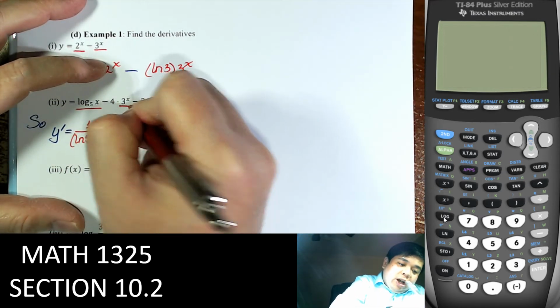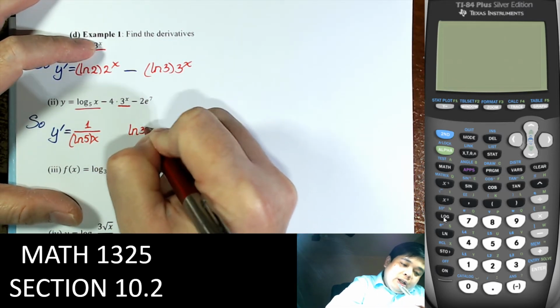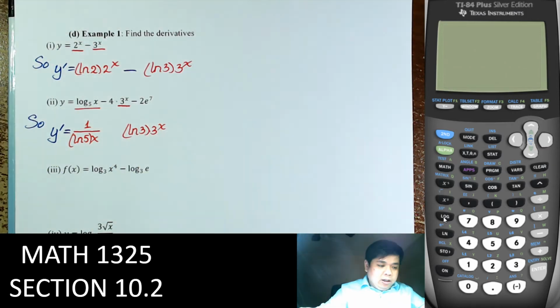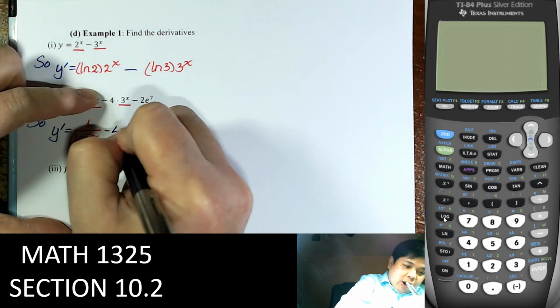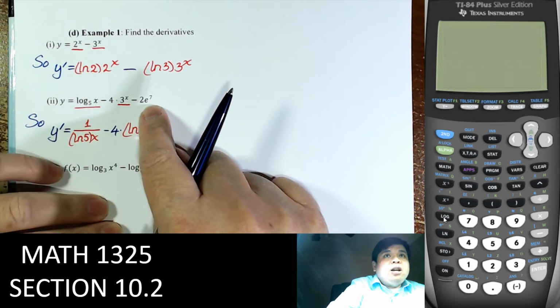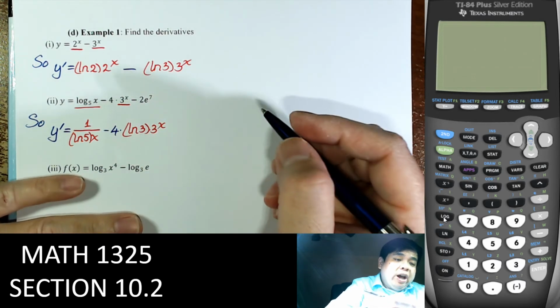And then 3 to the x, derivative of course ln of 3, and then 3 to the x. There's a minus 4 constant coefficient. e to the 7th, there's no x here, so it's just a constant. Derivative of a constant is 0, so that's all we have.